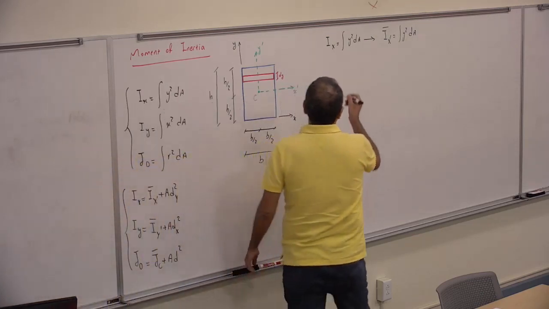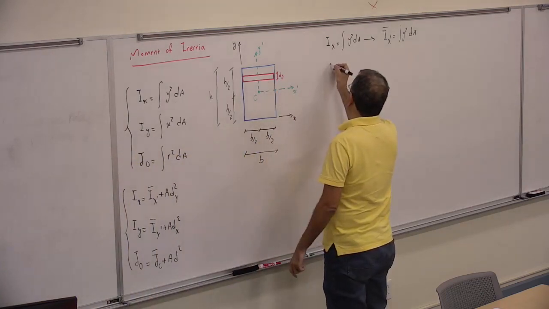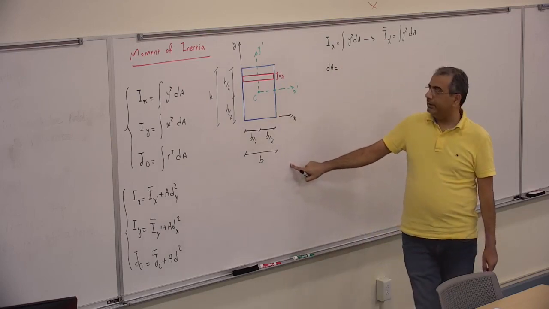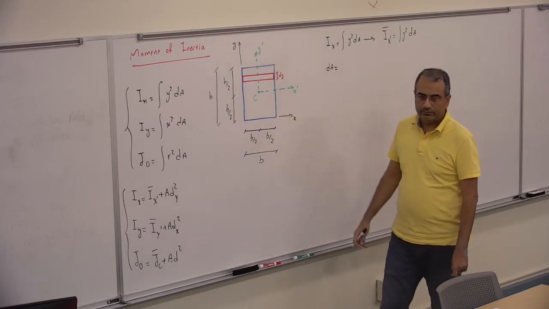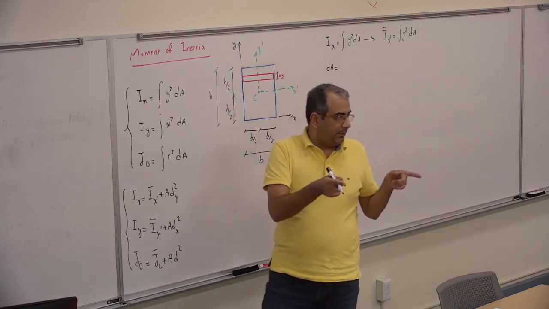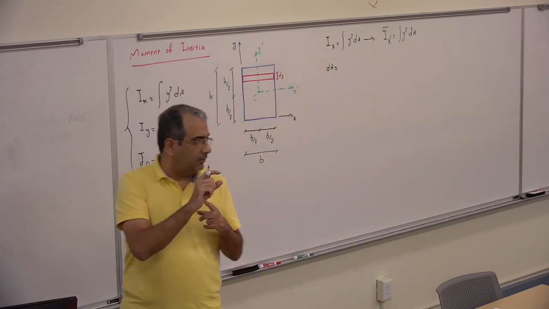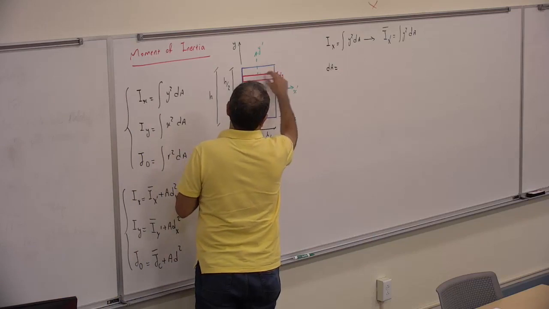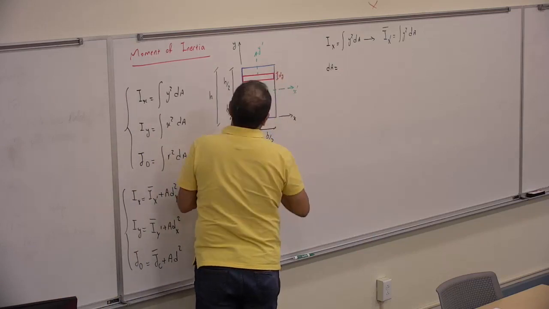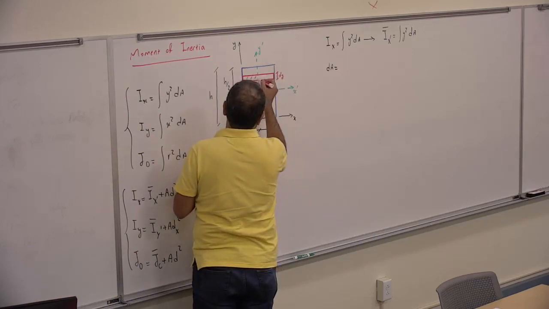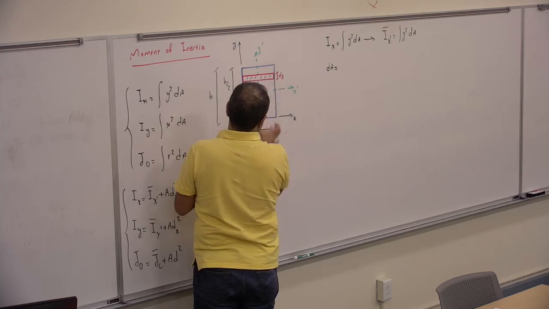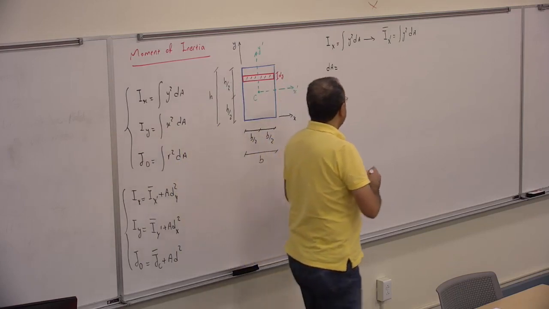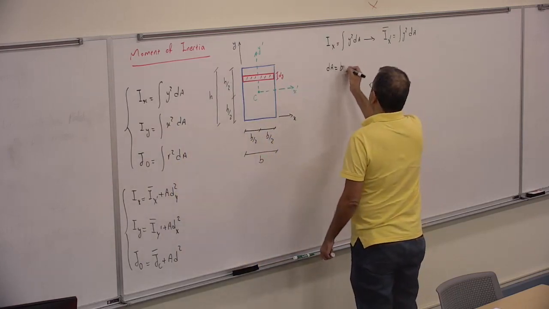So dA for this one, how much is dA? The dy, correct? The dA is the area of this element. So the width of the element times dy. That's going to be my dA, so it's going to be b dy.